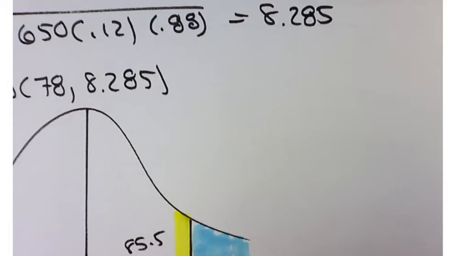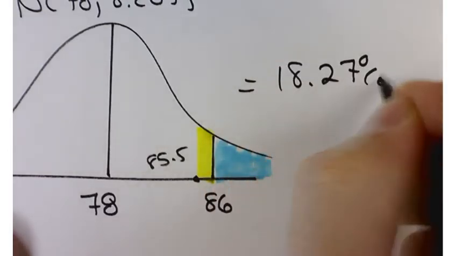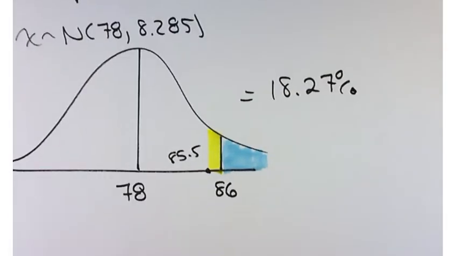There's a follow-up question here, kind of a part B, and that is: is 86 people with green eyes significantly high? Is that unusual to get that many people with green eyes? I mean, the mean is only 78. That's what you expect on average.